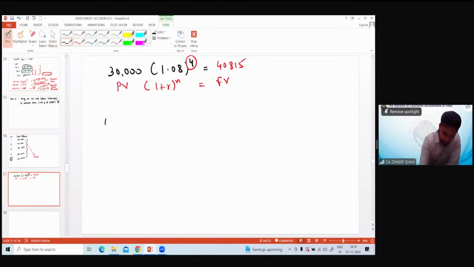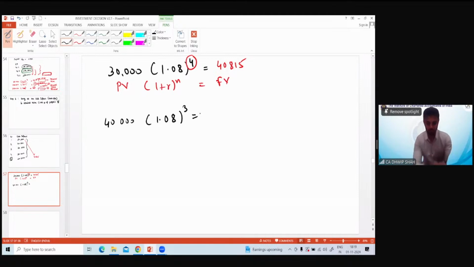So can I say my 40,000, the cash inflow generated in year 2, will be invested for another 3 years at 8%? Yes or no? So again, take 1.08 in the calculator, press the multiplication sign. Now since the power is 3, you press the equal to sign 2 times. 1, 2. Multiply by 40,000.